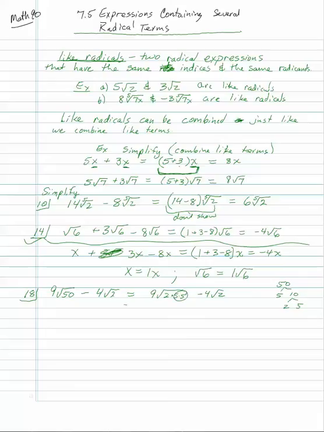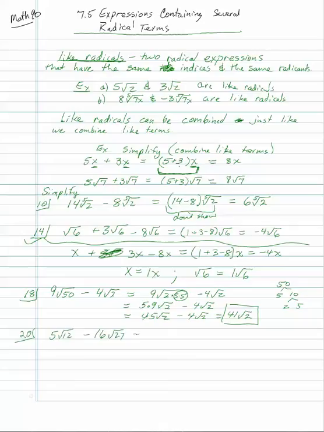So 5 is going to come out, and it's going to multiply with the 9 that's out there already. That's going to give me 45 square root of 2 minus 4 square root of 2, which is 41 square root of 2. Since they're both square root of 2s, I can combine them.